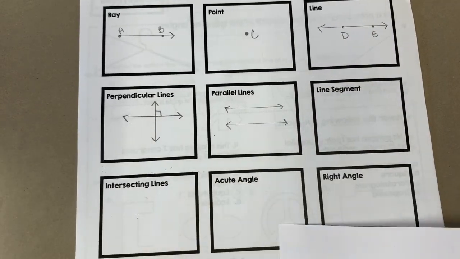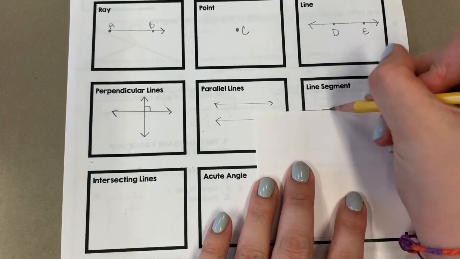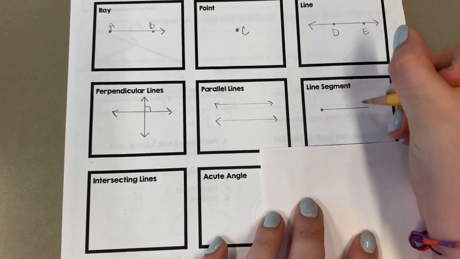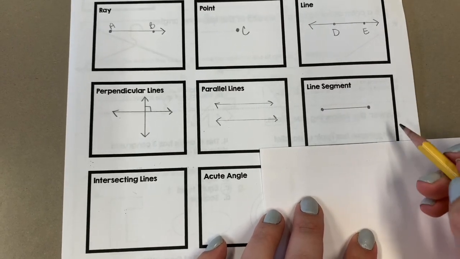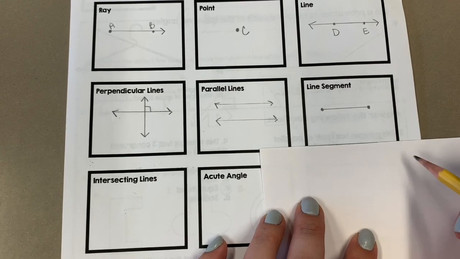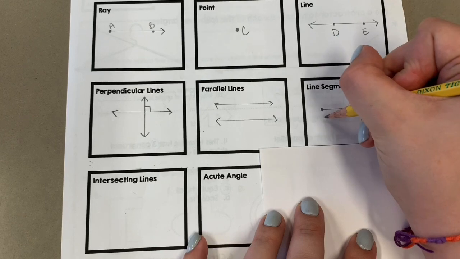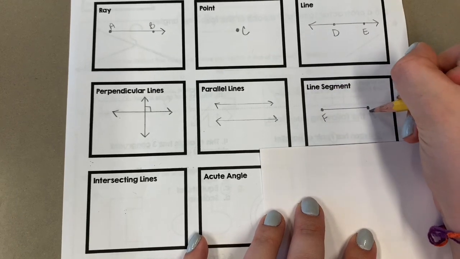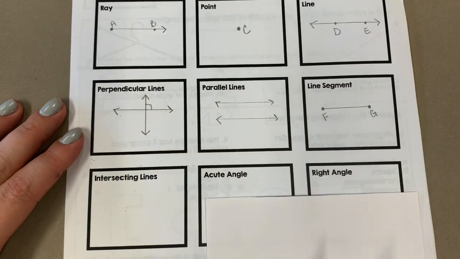A line segment. A line segment is a part of a line with 2 endpoints. Notice my endpoints are on the ends. Don't put them in the middle of that line. You need to put them on the ends for endpoints. And I'm going to label that line segment, line segment F, G. Next, we have to draw intersecting lines.